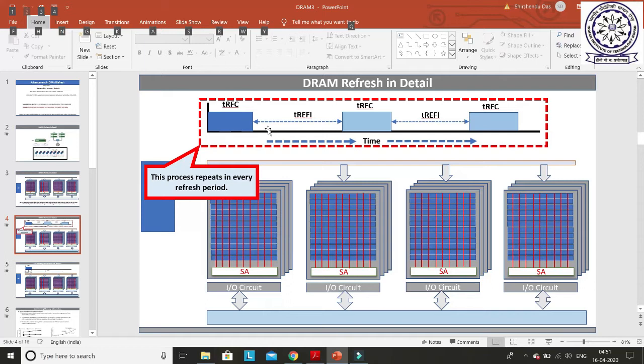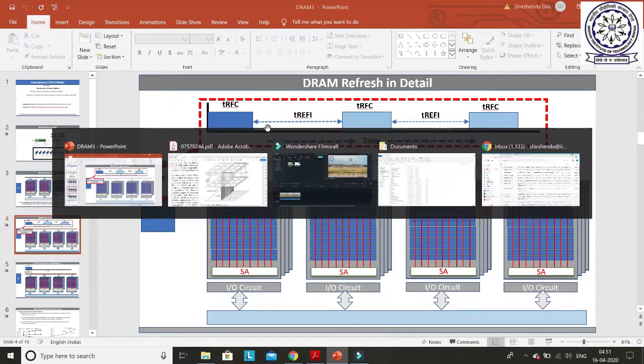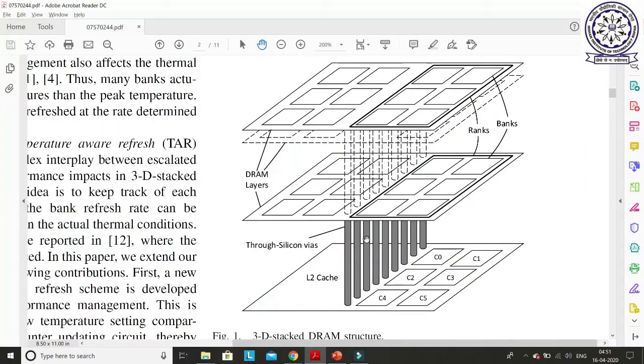So this is the case of a normal DRAM design. But the difference between this normal DRAM and the 3D DRAM is that in this type of 3D architecture, temperature is a major issue. Why? Because for this internal layer, heat dissipation is very problematic. Also, this layer is all the cores, so this layer will produce more temperature because all the execution units are installed in this layer.